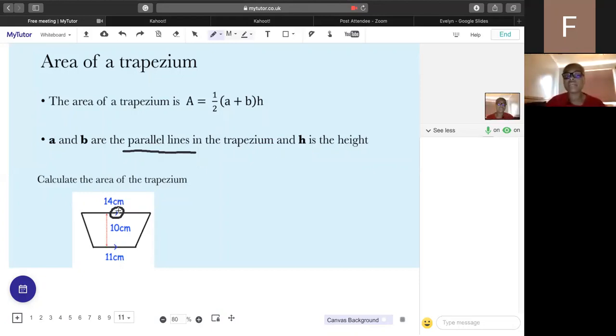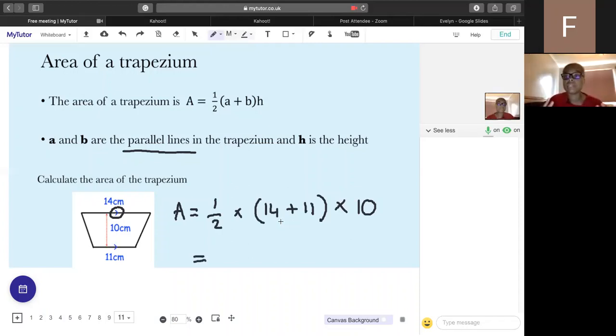All we know is that we're going to add these two together. So our area is going to be a half multiplied by our bracket, 14 plus 11. And then we're going to multiply by our height. Now our height is 10 because that's how tall the trapezium is. So we've got a half times 14 plus 11 times 10.